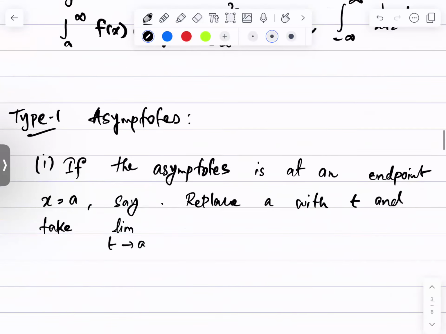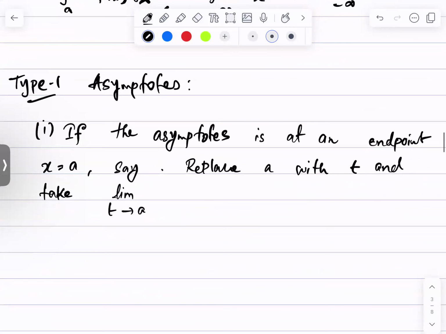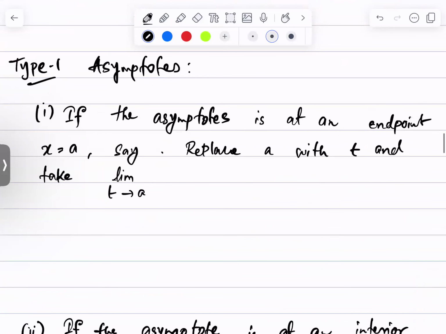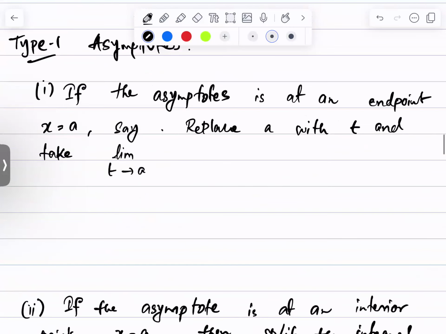Okay, now let's look at some examples and how to deal with both types of integrations. So type 1 is where you have asymptotes, particularly vertical asymptotes.